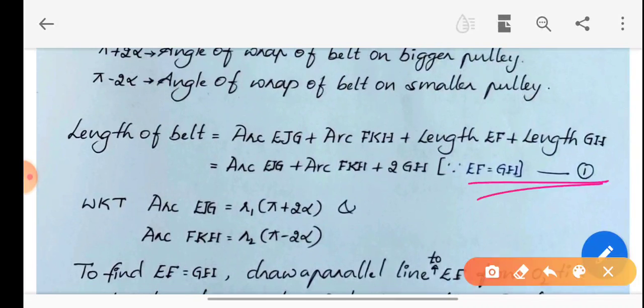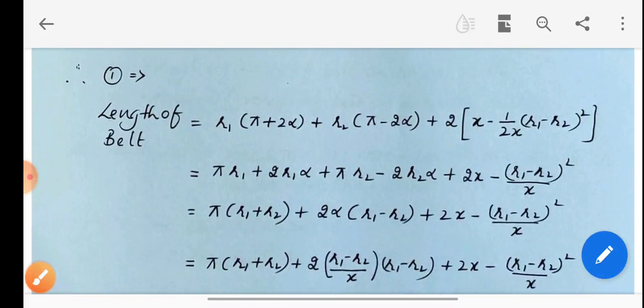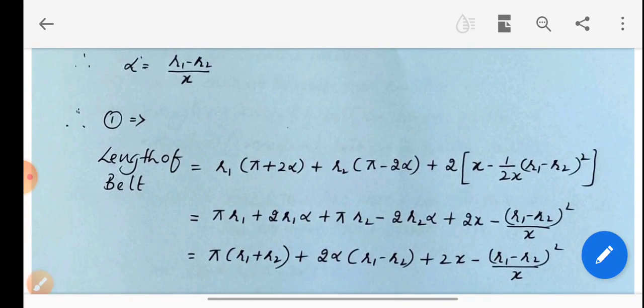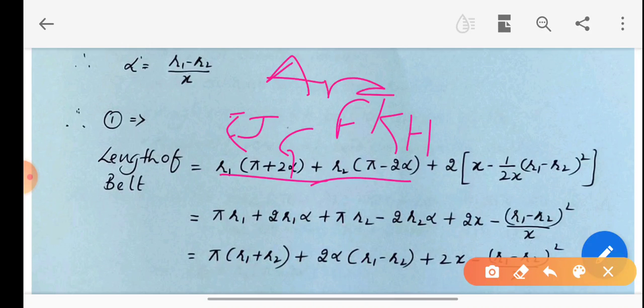Now we have to substitute this GH, which is equal to EF, which is equal to O2m. Okay, so here you can see length of belt becomes, so what is arc EJG? R1 into pi plus 2 alpha, FKH is R2 into pi minus 2 alpha, then this is EJG, this is FKH arc, right?